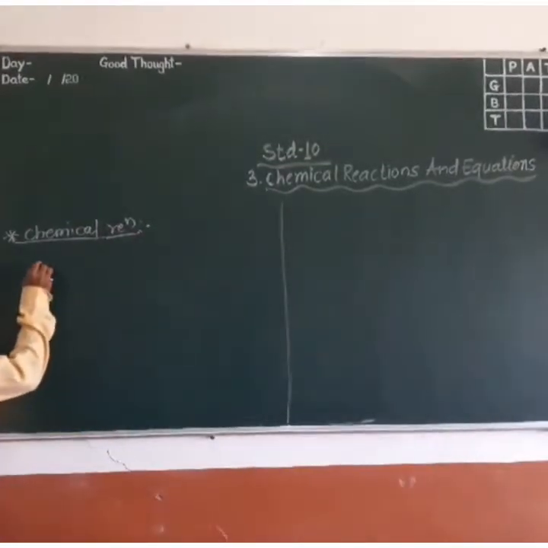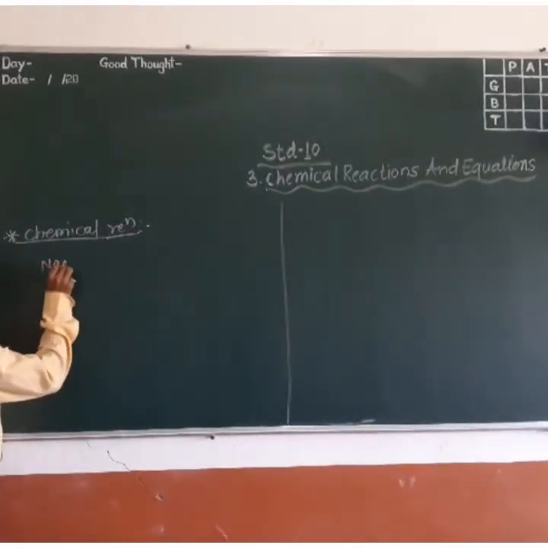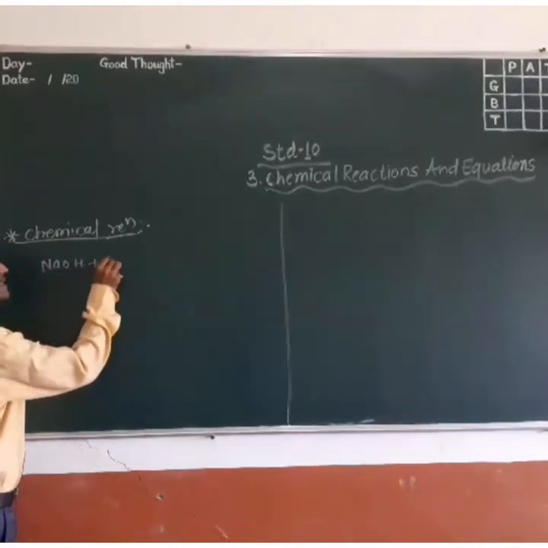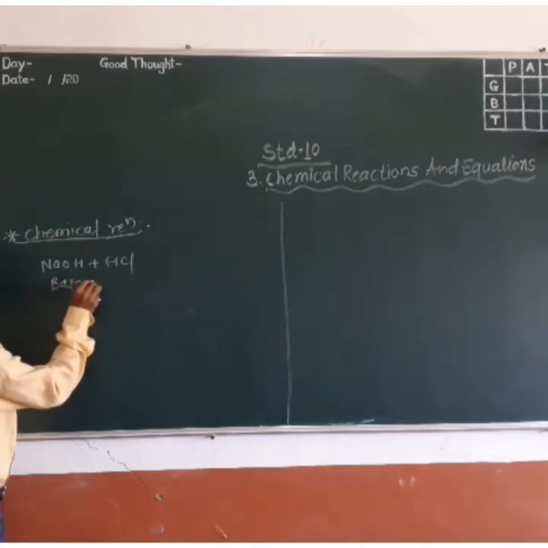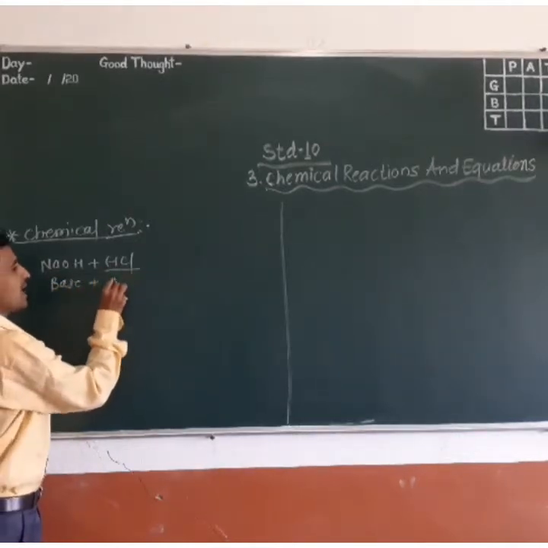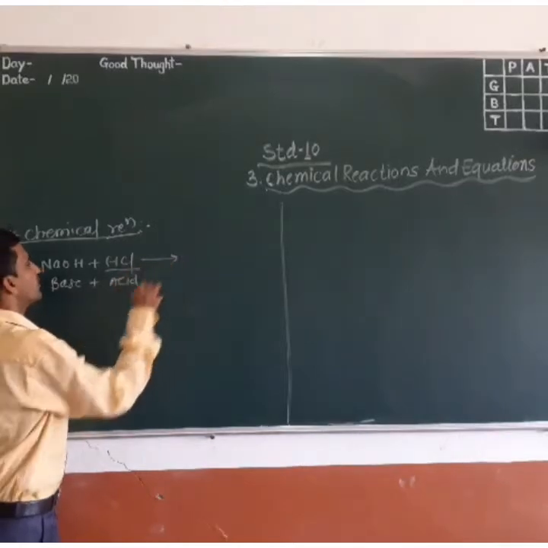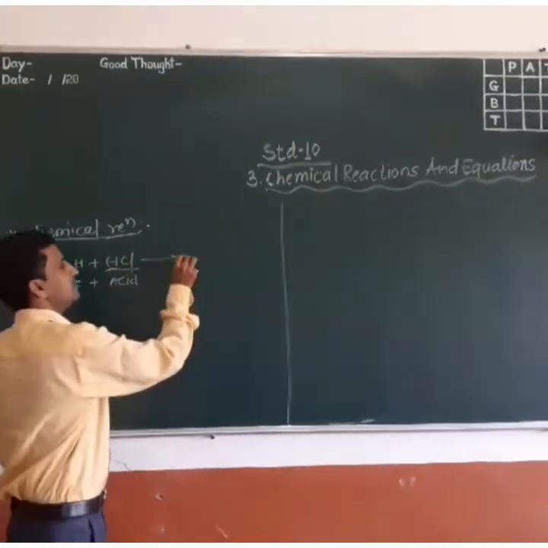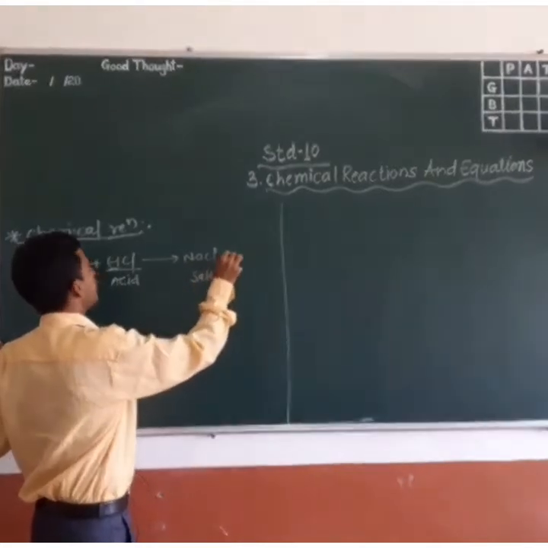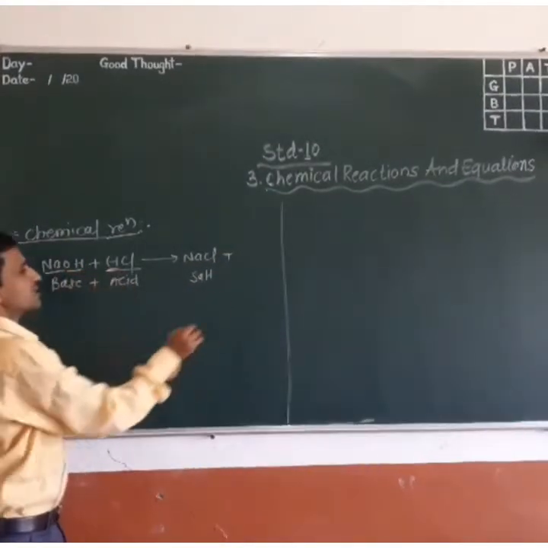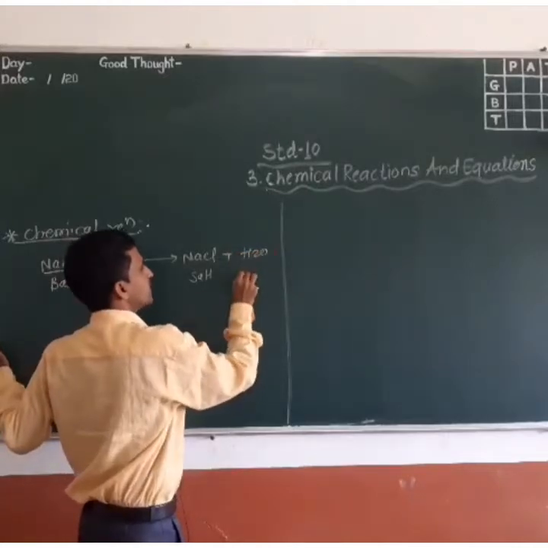Previous standard 9th example: NaOH plus HCl. NaOH is a base plus HCl is an acid to form NaCl, a salt, plus H2O, water.